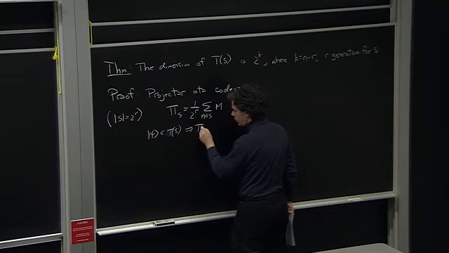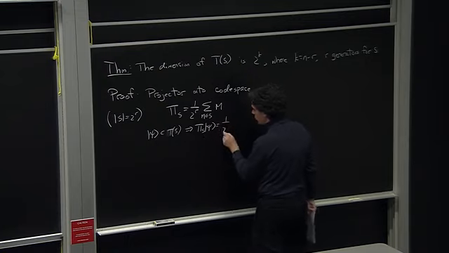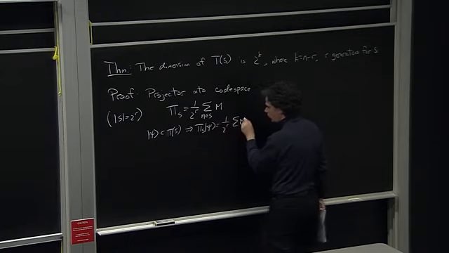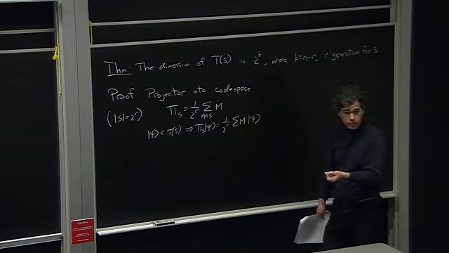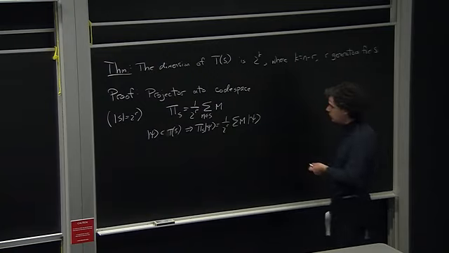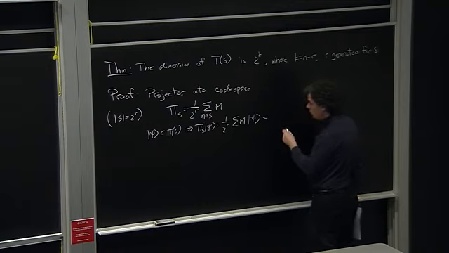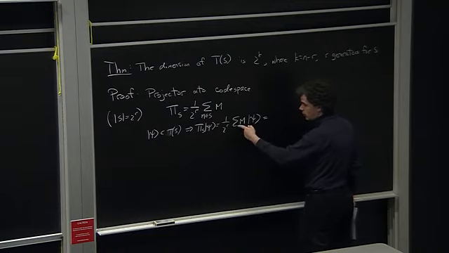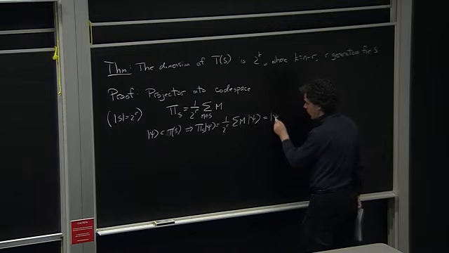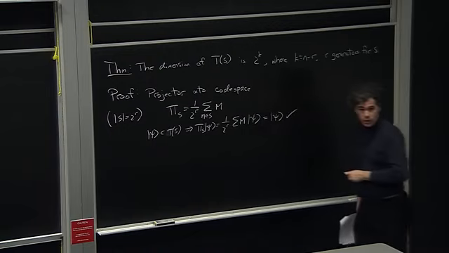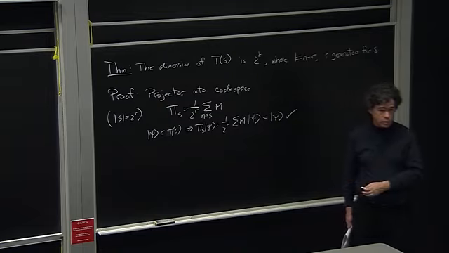Then Pi_S psi is equal to 1 over 2 to the r, sum of M psi. And M psi is equal to psi, because psi is in the code and M is in the stabilizer. So there are 2 to the r terms here, and there's a factor of 1 over 2 to the r, so this is back to psi. OK? So that means that Pi_S applied to a code word actually does give you a code word.